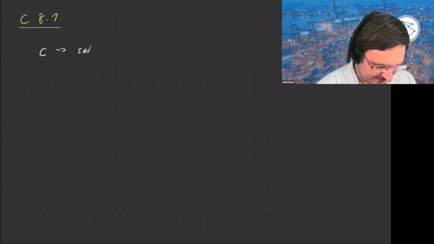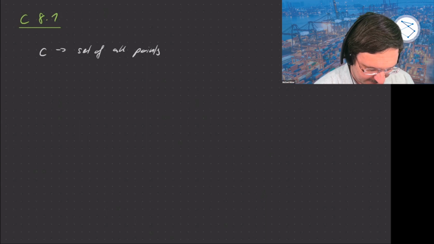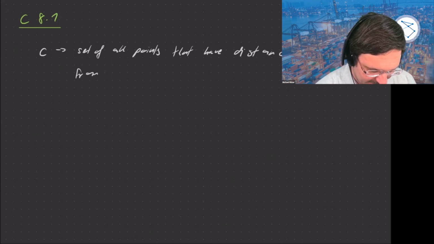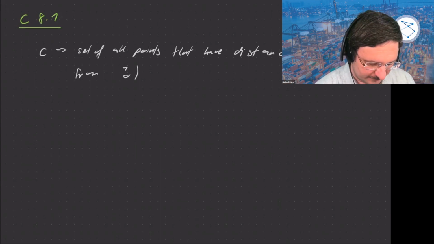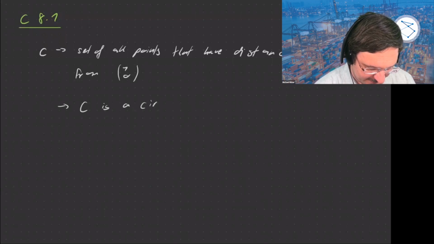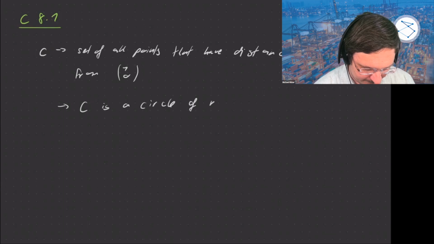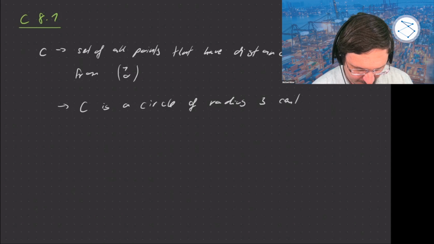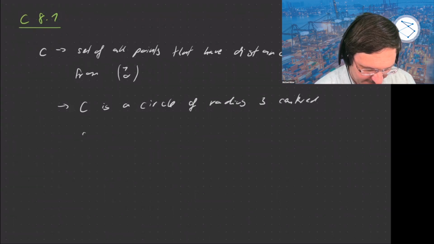That is the set of all points that have a distance of 3 from the point (1, 0). And that means C is a circle of radius 3 centered at that point (1, 0).